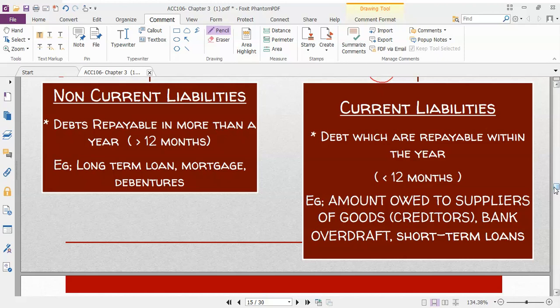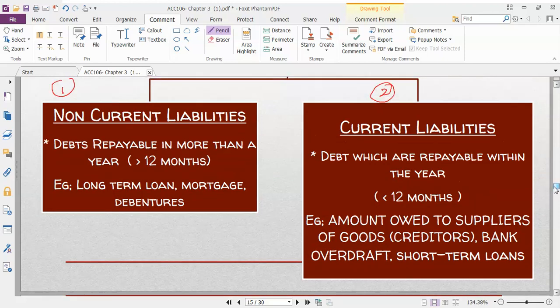Okay. So can you explain what is non-current? What is the difference between non-current and current liabilities? Okay. Apa liabilities tu apa?